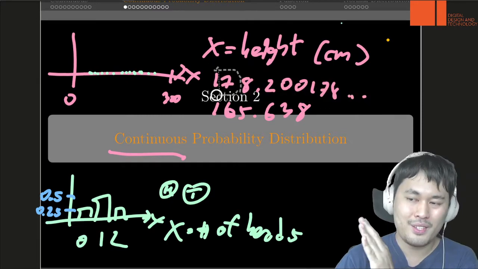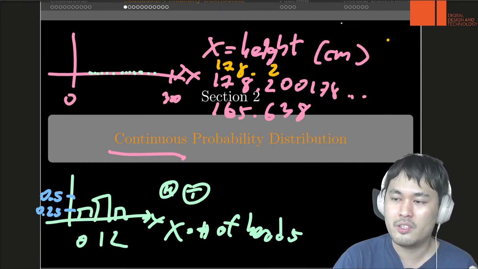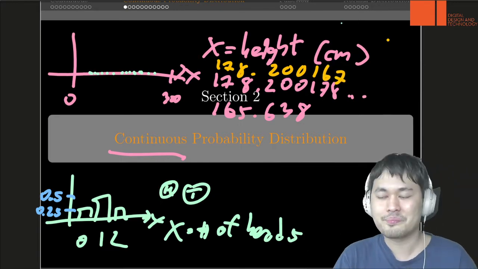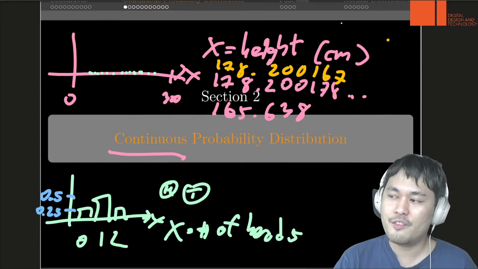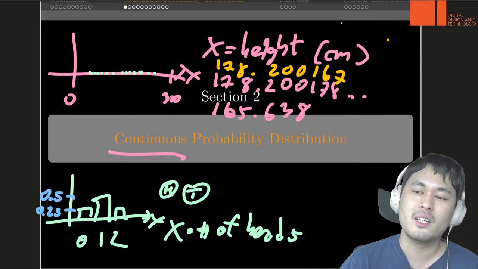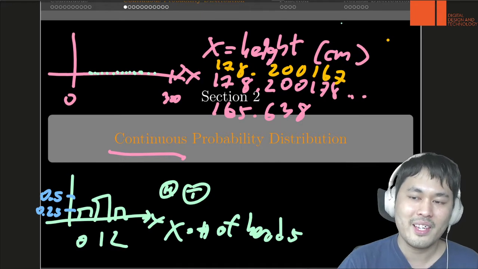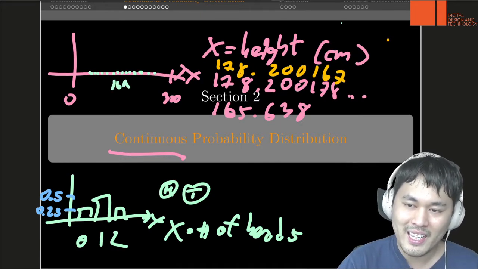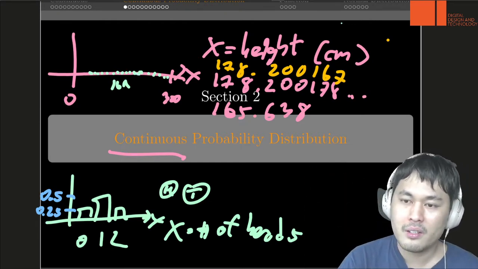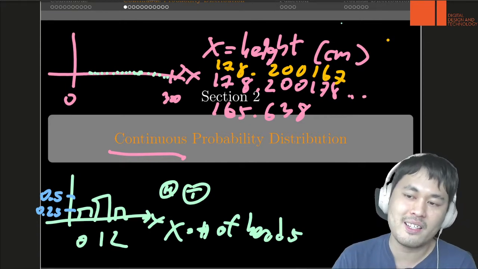Even if another person has a height that is close to that, if you measure to a high precision, you may get 201.67, so that will be different. That means whoever we measure, we get a different number every time. So you ask, if they are all different, then what's the point of the graph? Because if you keep adding a dot for each new height, you're going to get a flat line, because they all represent just one single person whose height falls into that exact number.